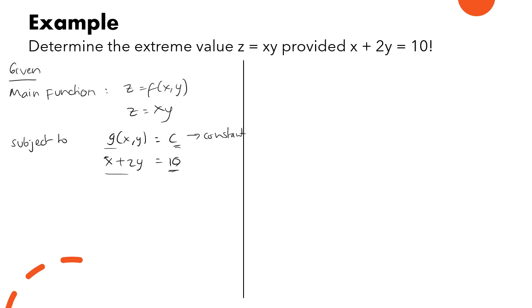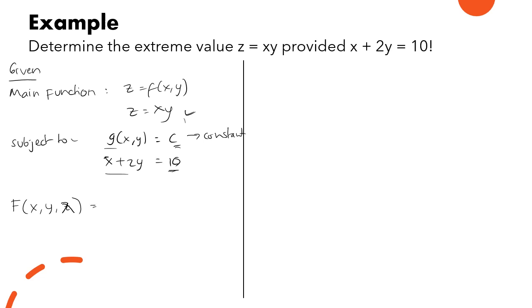We make the Lagrange form, so F(x, y, lambda). First of all, I forgot about this. Basically this is the main function, right? We want to make the new function subject to this constraint without changing the xy itself.